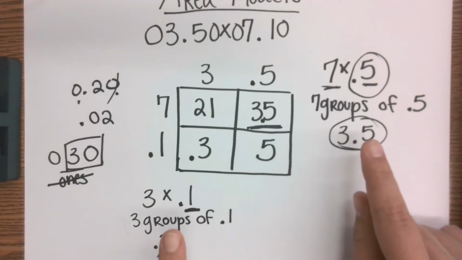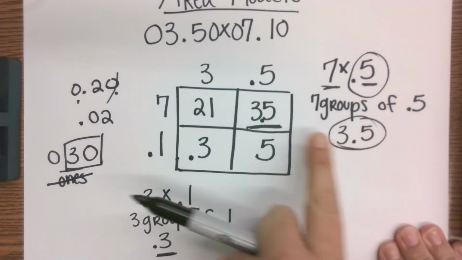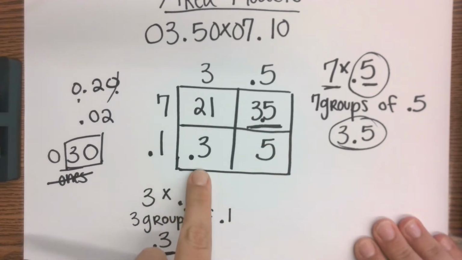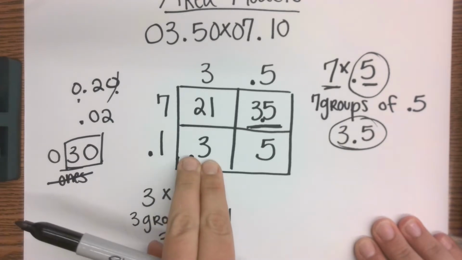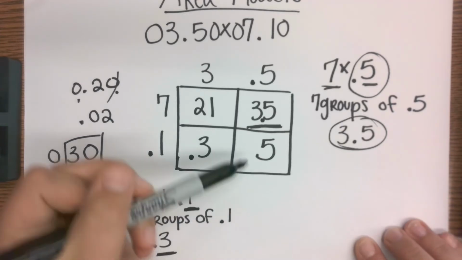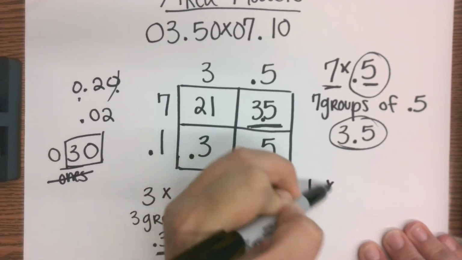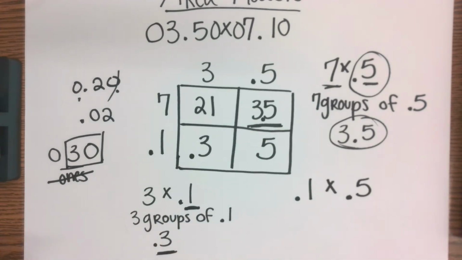We've realized that we need to have the same number of places with value behind our decimal in our factors and our product. Okay. So let's think about this problem. We have 1/10 multiplied by 5/10.